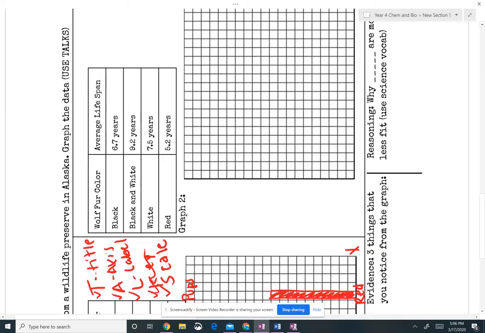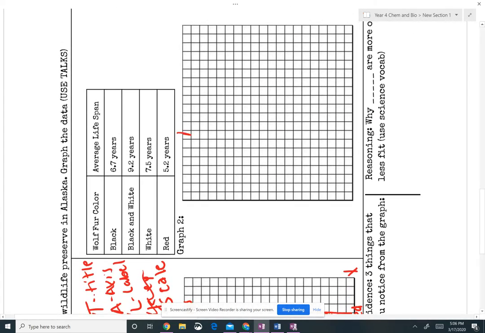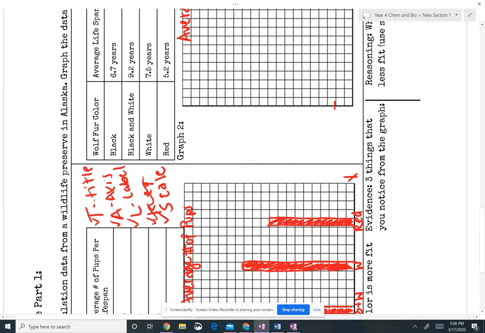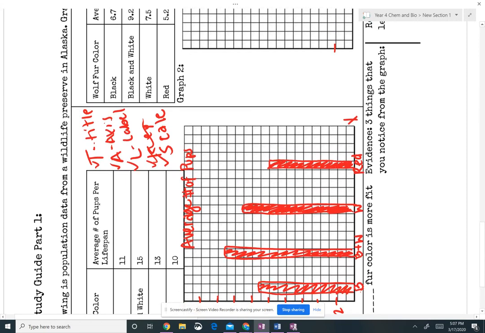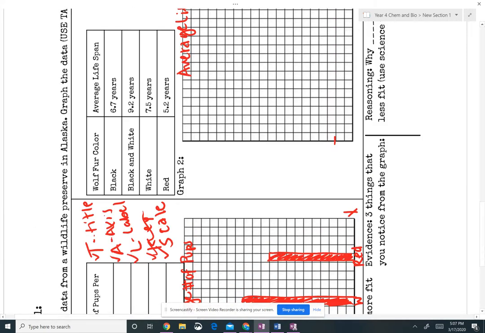Right? Then you guys are going to do the same thing for here. So you guys are going to go average lifespan. So this one, I might just count by ones.